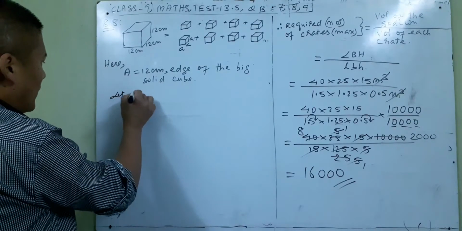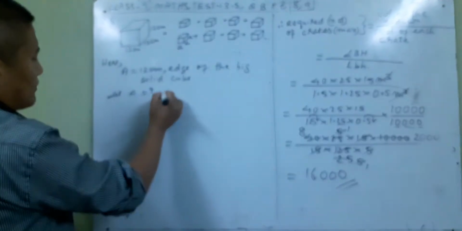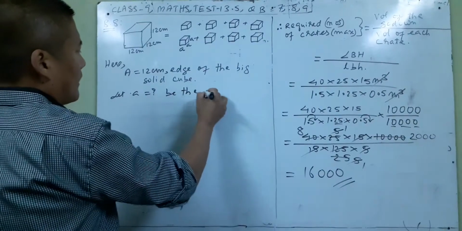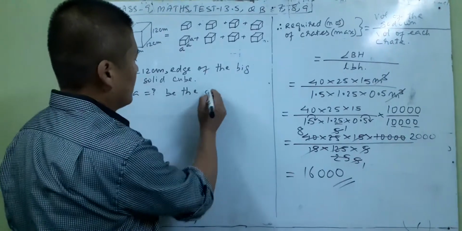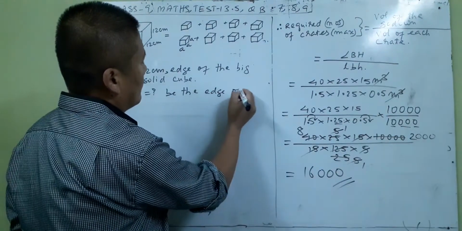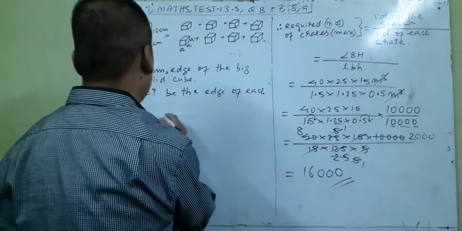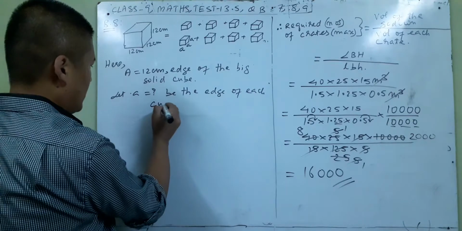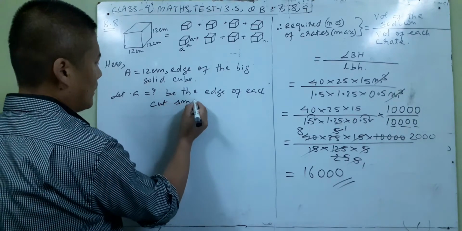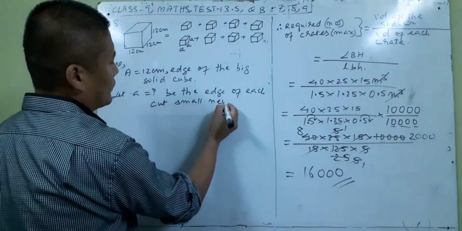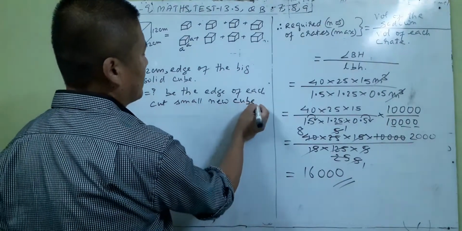Then let us assume that small a equal to question mark be the edge of each cut small new cube, or simply new cube also will be enough.